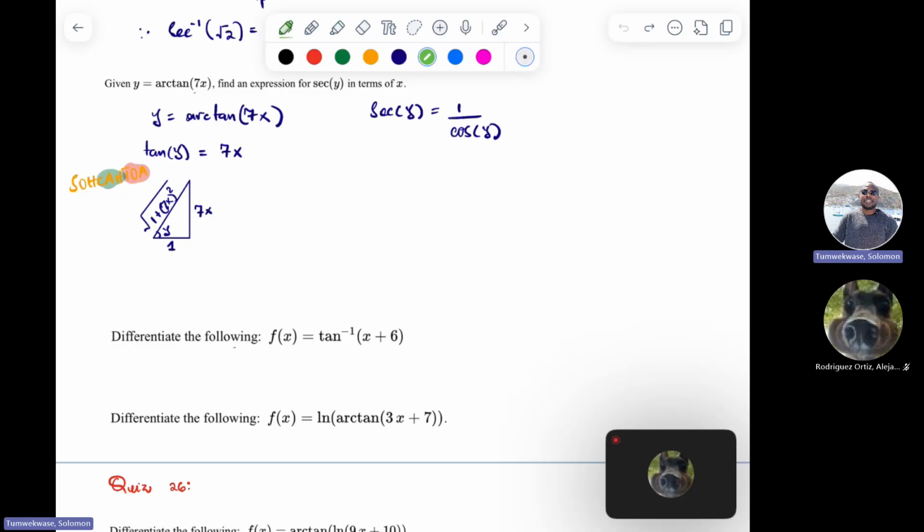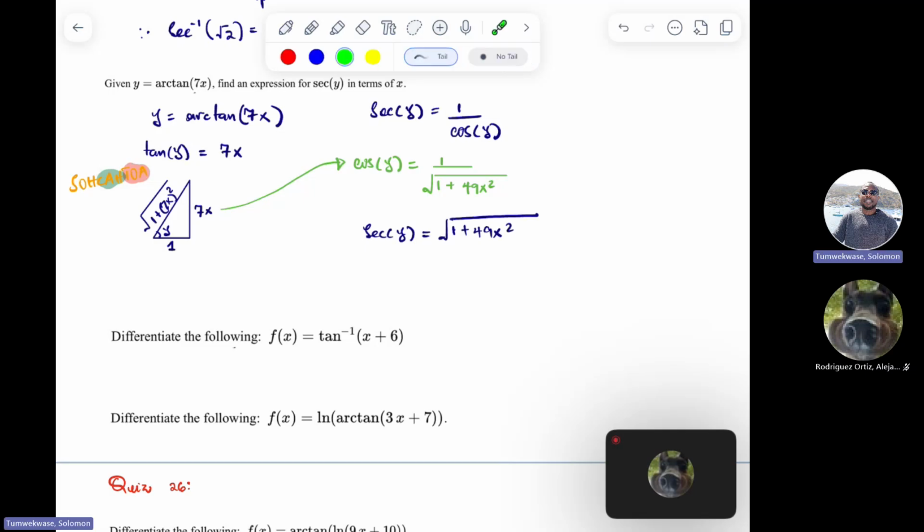So cosine of y from this triangle is the adjacent, which is 1, over the hypotenuse, which is 1 plus 49x squared, the whole of it under a square root. And therefore, my secant of y is equal to the square root of 1 plus 49x squared.